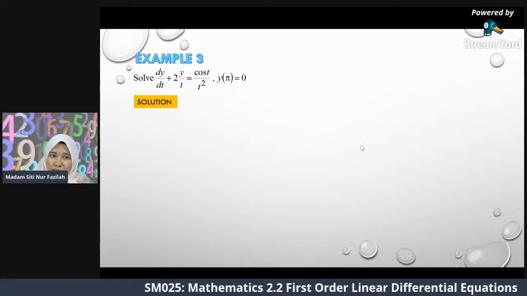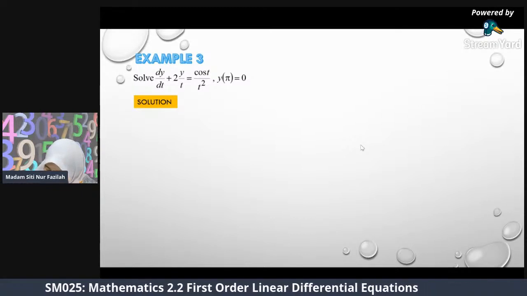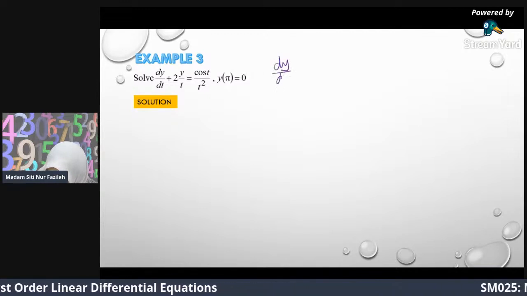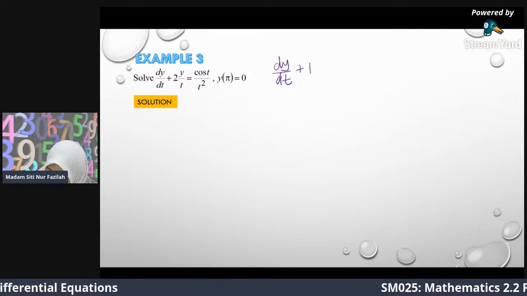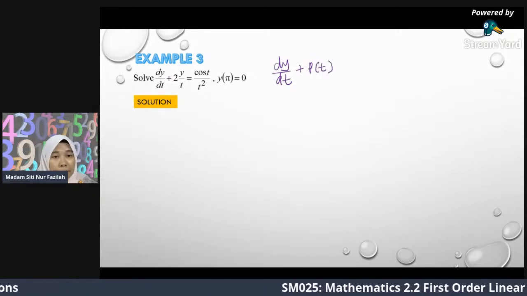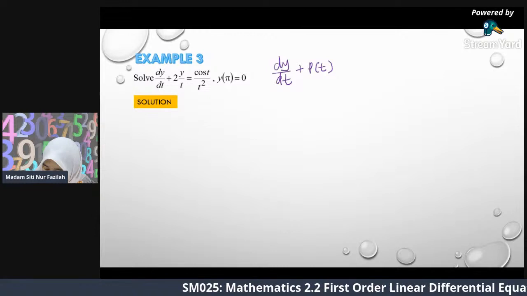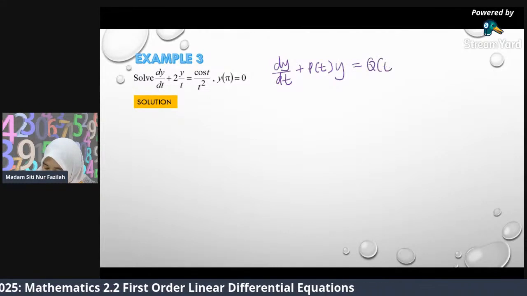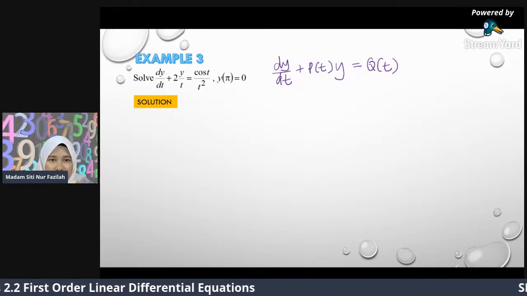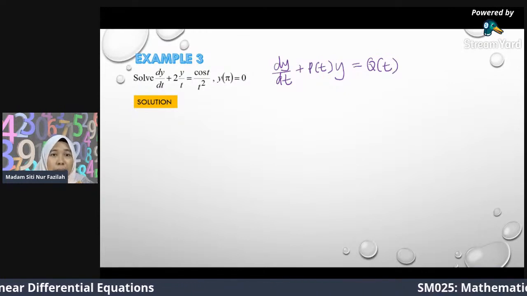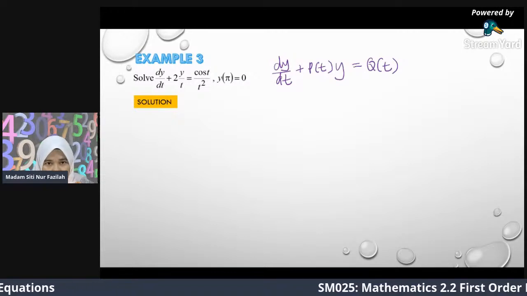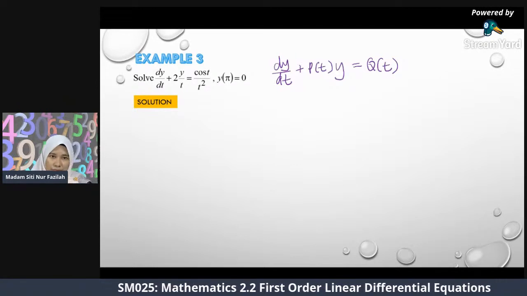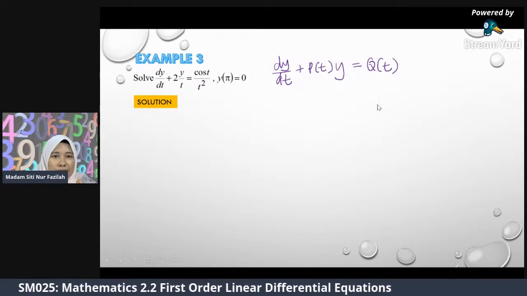That means the standard form here is different. Our standard form here is dy over dt plus p(t)y equal to q(t). This is the standard form.